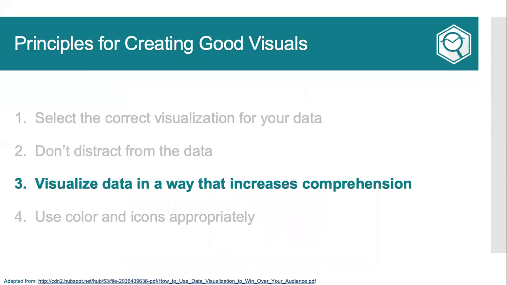All right. And then moving on to visualizing your data in a way that increases comprehension. When you're putting a visual together, you want to ensure that you're not keeping your audience guessing about the variables you want to correlate, and that the main point that you care about is clear to your reader.